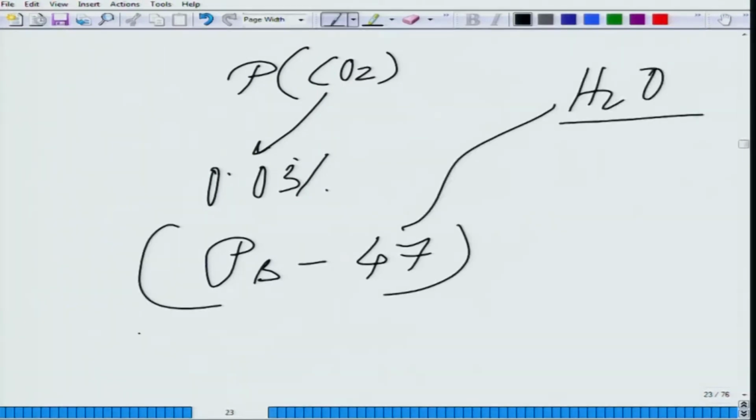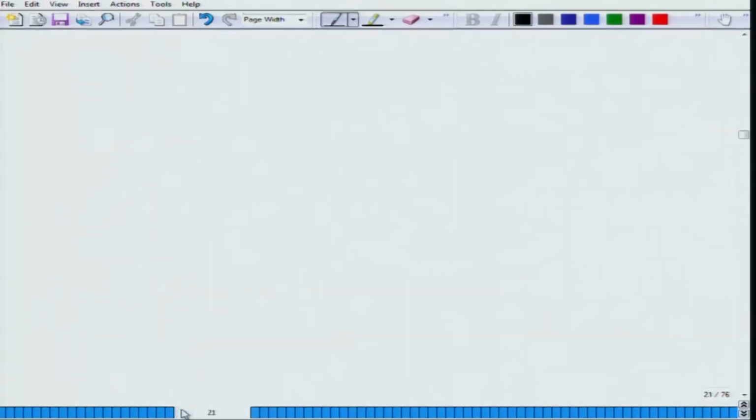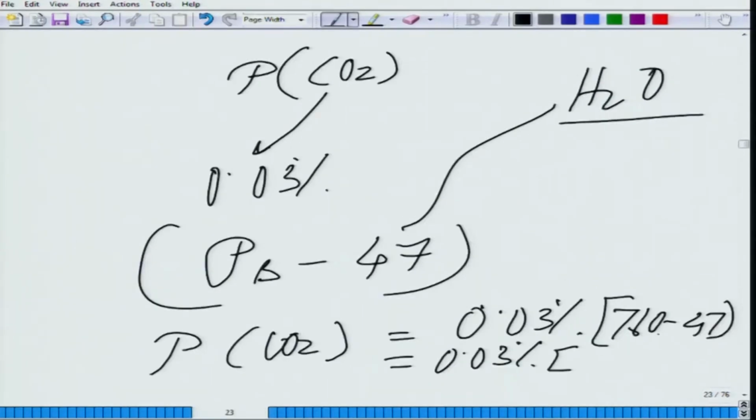And then your PCO2 becomes 0.03% of 760 minus 47, which is 713. So, that is fairly negligible, approximately almost 0.